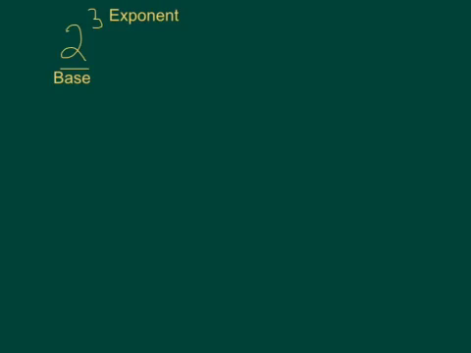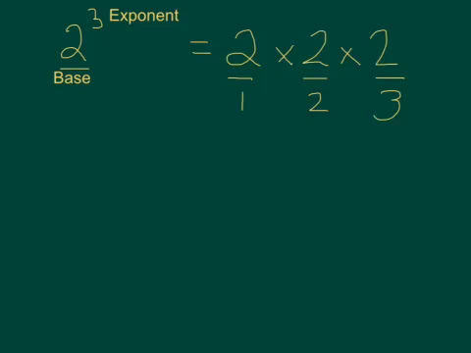So when we write 2 to the power of 3, or 2 to the exponent of 3, what it means is that we are multiplying 2 times 2 times 2: 1, 2, 3. And then 3 to the power of 2, which is our other number, simply means we're doing 3 times 3.